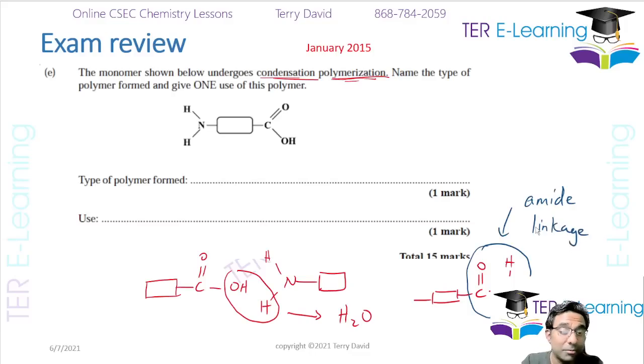And by the way, they ask you this in the multiple choice. Sometimes they draw the diagram of the linkage and ask you which of the following represents the amide linkage. So that particular amide linkage is present here, right? That's what's happening here. So what's the name of this compound that we get in here, guys? What type of polymer are we getting in this scenario here?